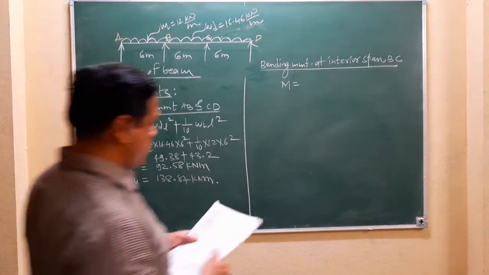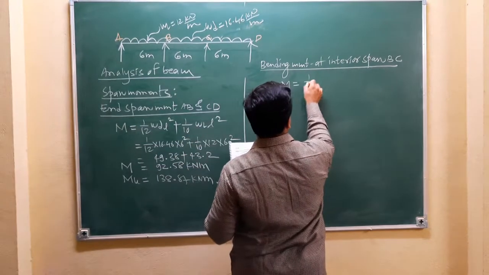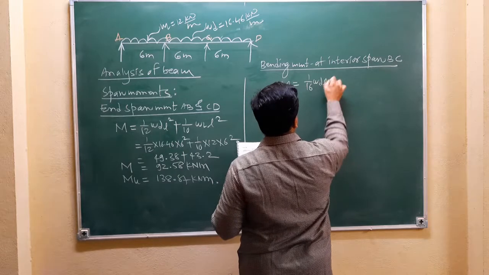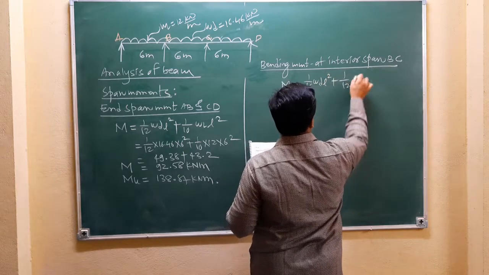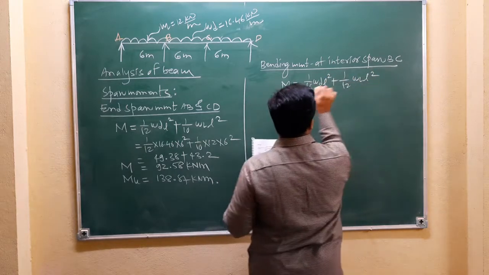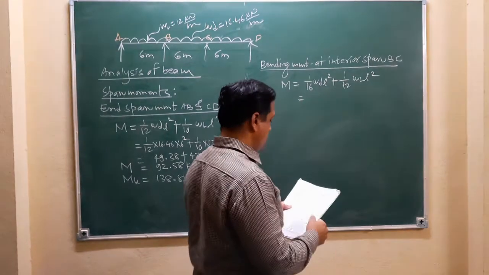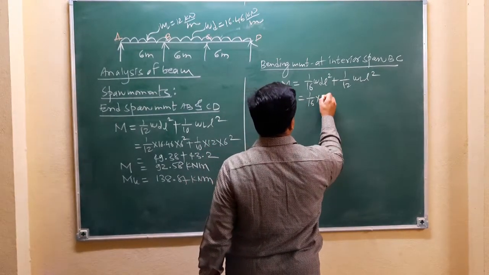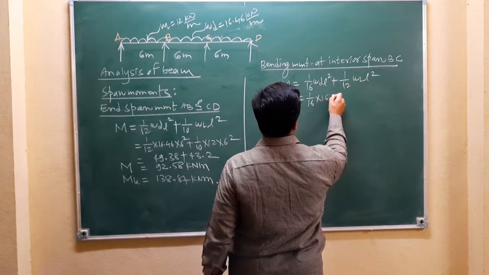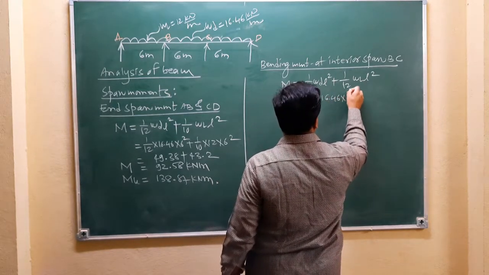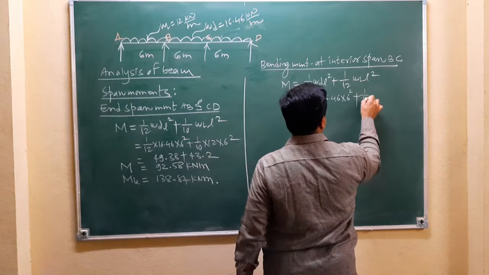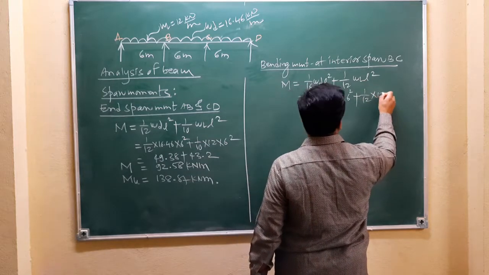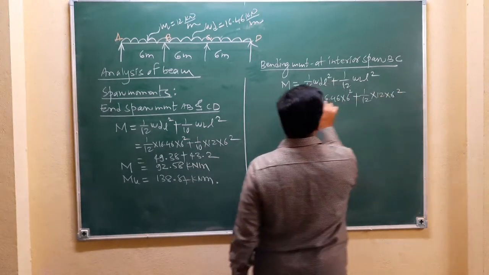In the IS code it is 1 by 16 W dead L square plus 1 by 12 W live L square. So 1 by 16, dead load is 16.46 into 6 square, plus 1 by 12, live load is 12 into 6 square.